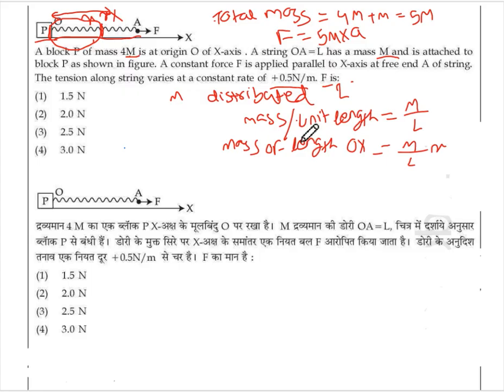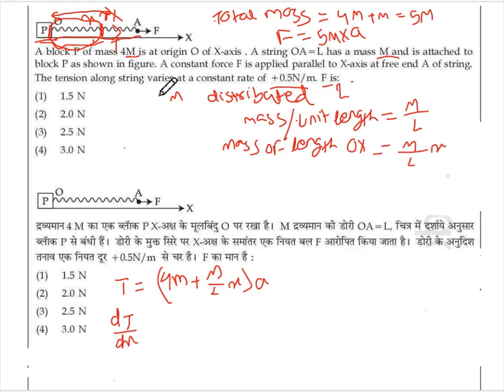Now we have to find the tension force applied on this small part of the string. It is given by T equal to, the mass of the system in the backside, which is first 4m, the mass of the box, plus the mass of the string, m by L into x, all multiplied by the acceleration a. This will be its tension force. Since the tension varies at a constant rate, we take the derivative d by dx.